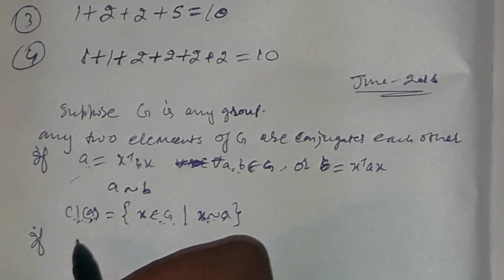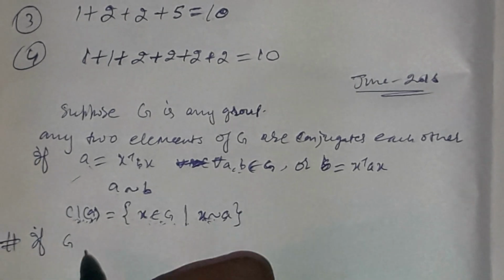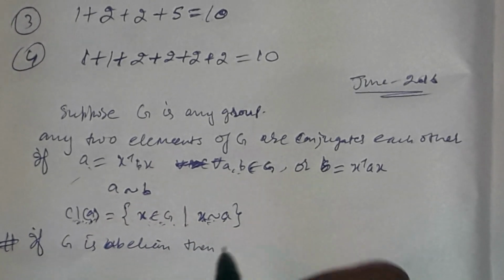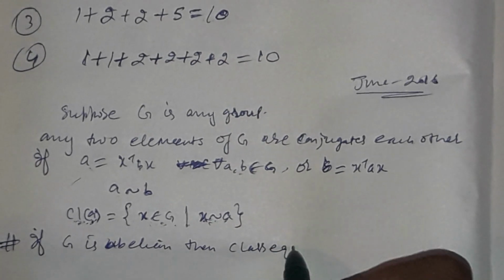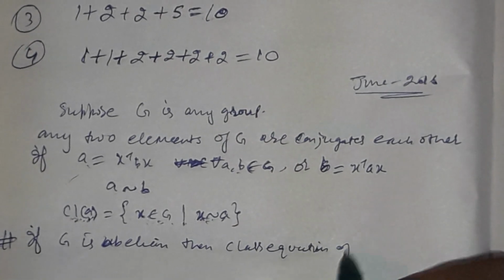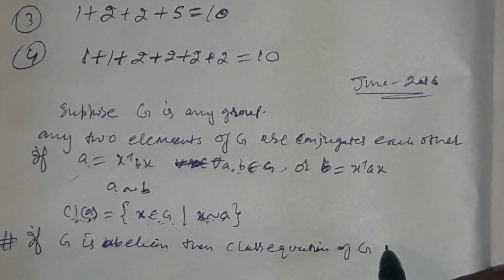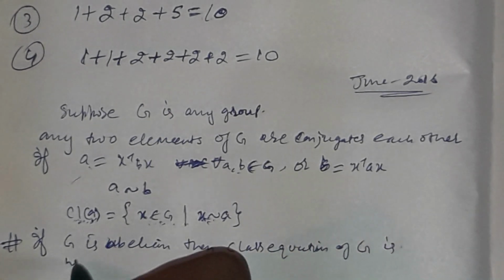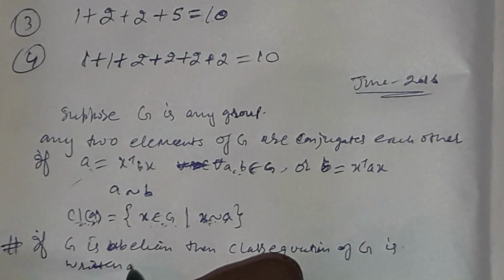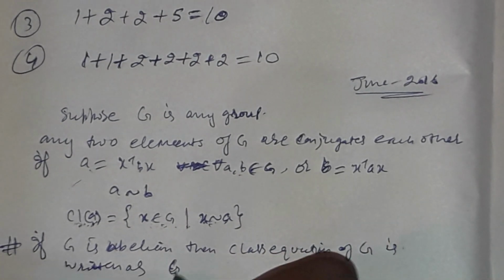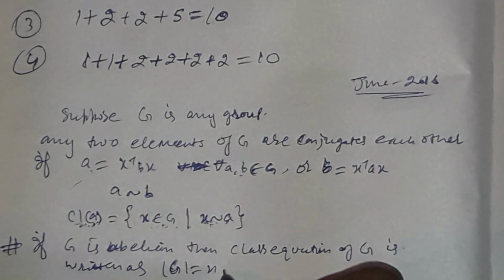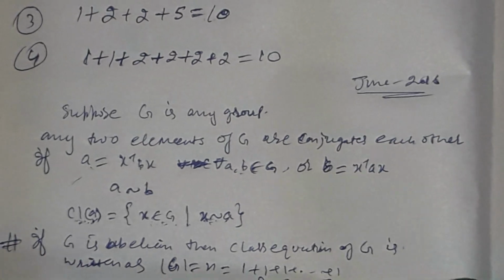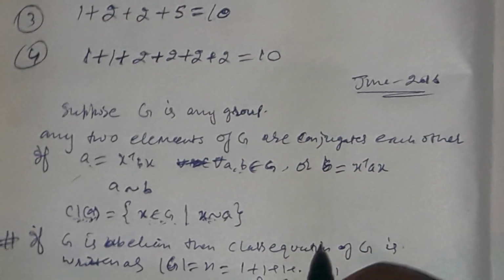This is a result: if G is abelian, then the class equation of G is written as, with the order of G being n, 1 plus 1 up to n times.